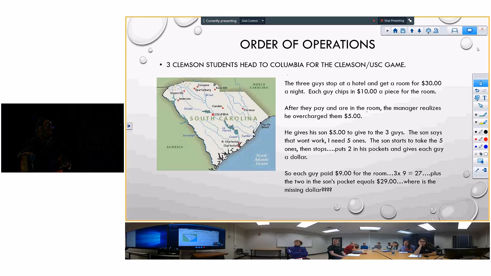So he gives his son $5 to give to the 3 guys. Son says, that won't work, I need 5 ones. Son starts to take the 5 ones and stops. Puts 2 in his pocket and gives each guy $1. So each guy really paid $9 for the room, right? Because they each paid $10, subtract the $1 that he gave them, add the $2 in the son's pocket, it's $29. Where's the missing dollar?